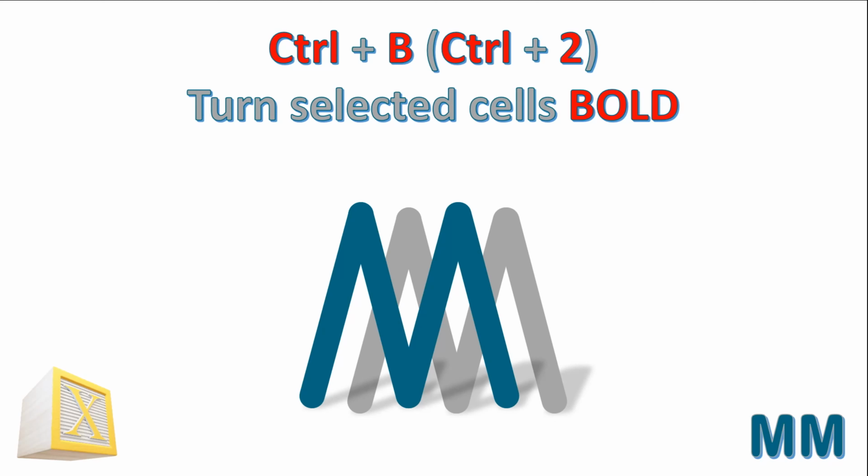If I'm pressing the first time Control B, that will turn my content bold, and I can press it again, Control B, and that will reverse the action, or I can simply press Control 2. So there is no difference between the two shortcuts. The two are doing exactly the same, in a straightforward direction or as a reverse action, as you wish.